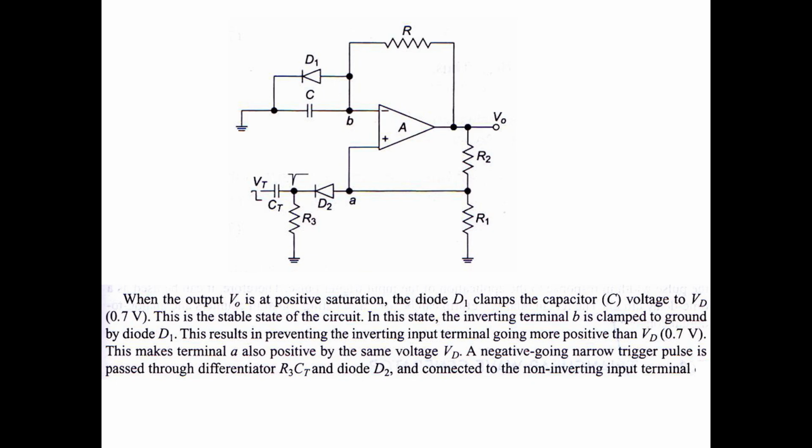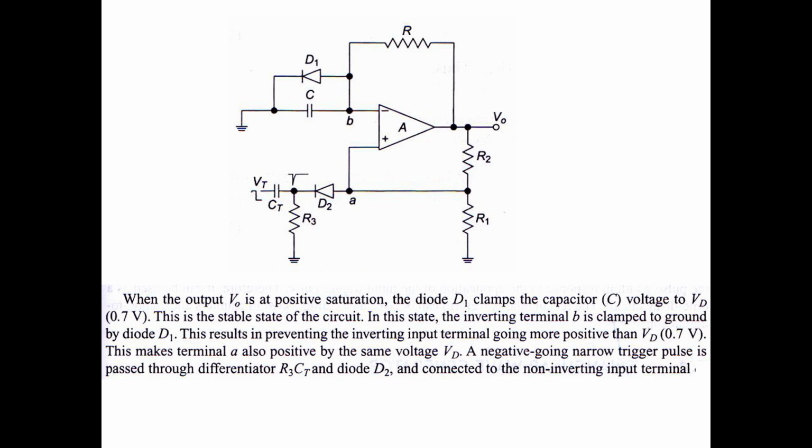This is the stable state of the circuit. In this state, the inverting terminal B is clamped to ground by diode D1. This results in preventing the inverting input terminal going more positive than VD. This makes terminal A positive by the same voltage VD.